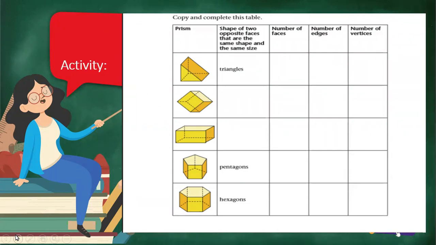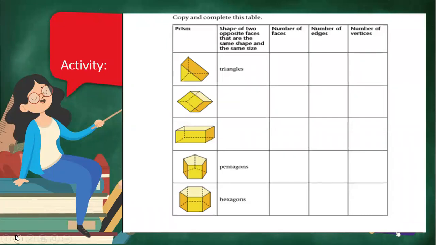As I was saying, last week we learned what prisms are, and we were able to identify the two opposite sides of the prism, which would be polygons. In this exercise, we are going to give the name of the shape of the two opposite faces that are the same shape and size.